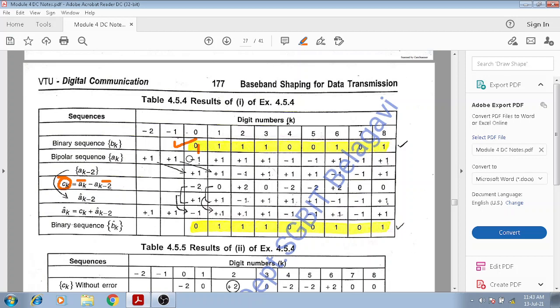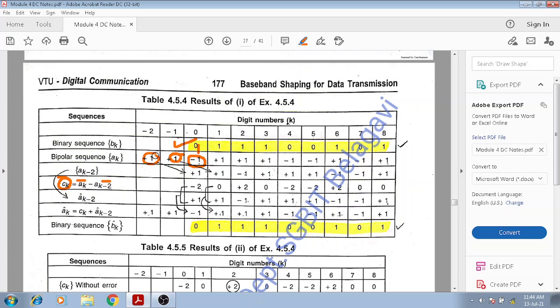See here. So this is the current AK bit. This is very important, so listen carefully as well as observe carefully. This is the present AK bit. This is our AK minus 1, so 1 bit delay. If you consider another delay, then this is AK minus 2.